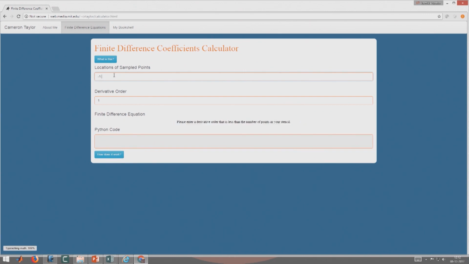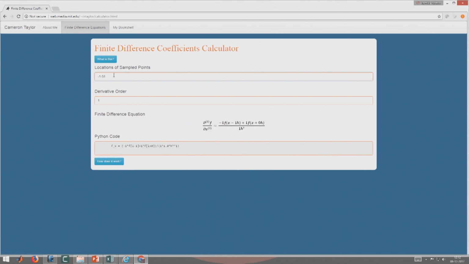minus 1, 0, plus 1, 2. So it gives you different sets of coefficients here, as you can see. So depending upon which points we want to use, it gives you different sets of equations and different coefficient values, as you can see.